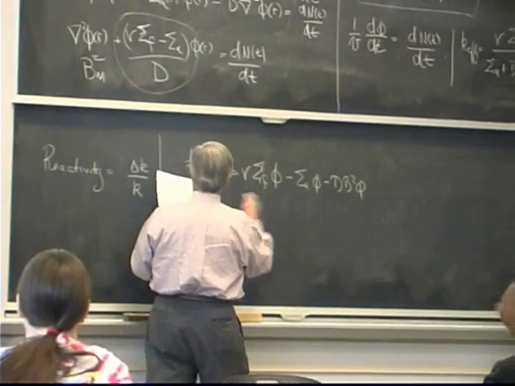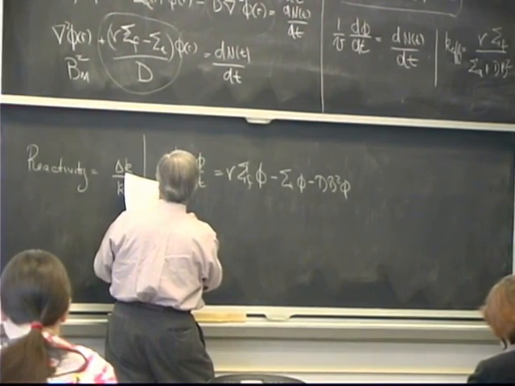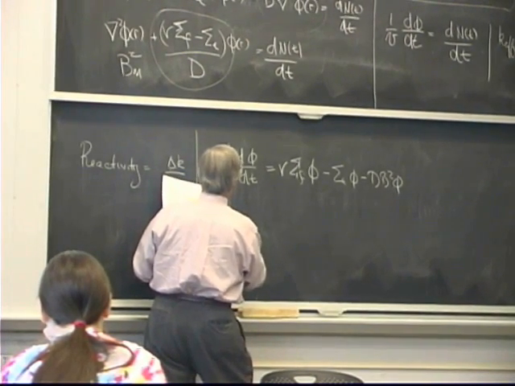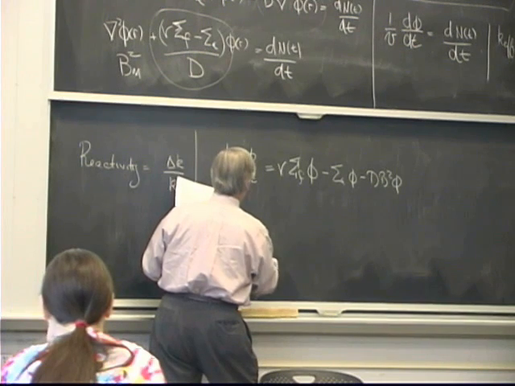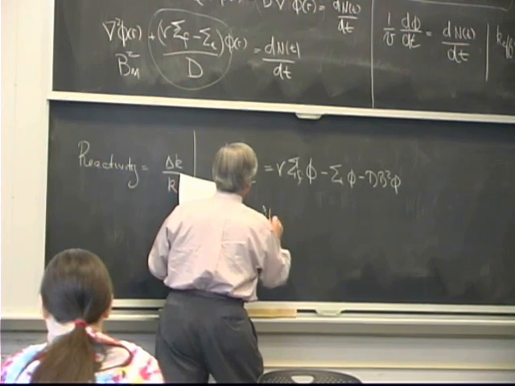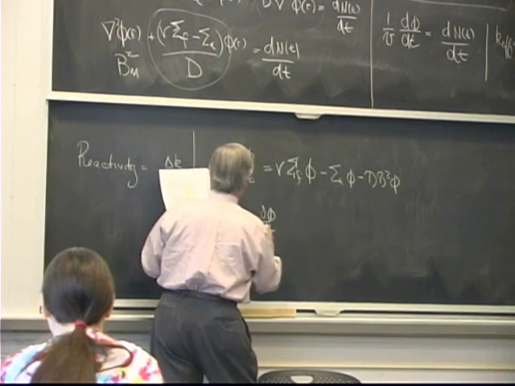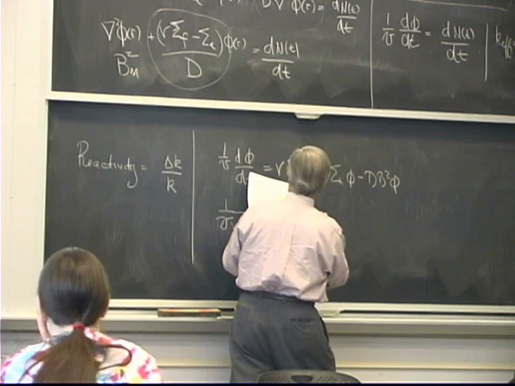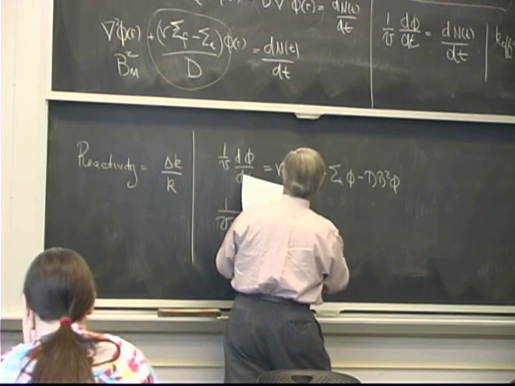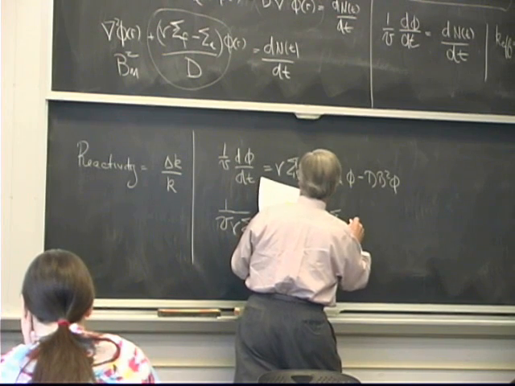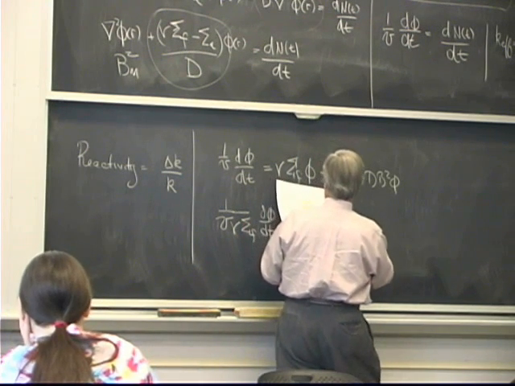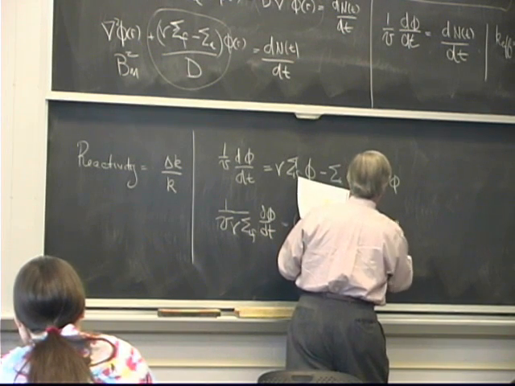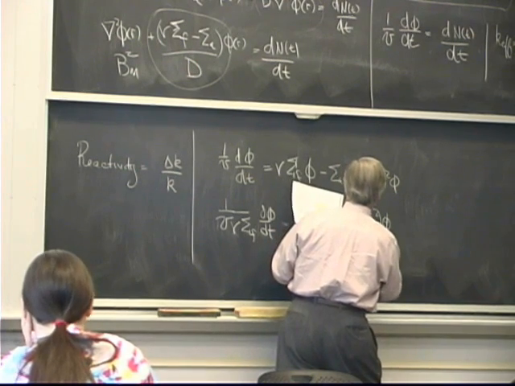Now if we rearrange and divide everything by nu sigma f, equals, and I'm going to get to the reactivity equation in a moment, 1 minus sigma a plus D B squared times phi divided by nu sigma f.